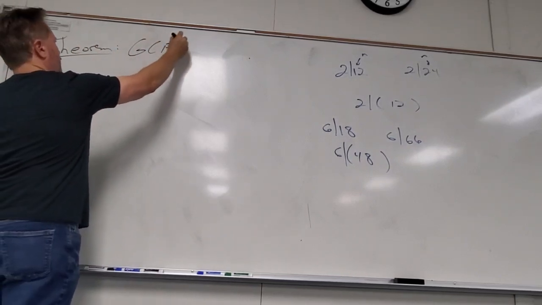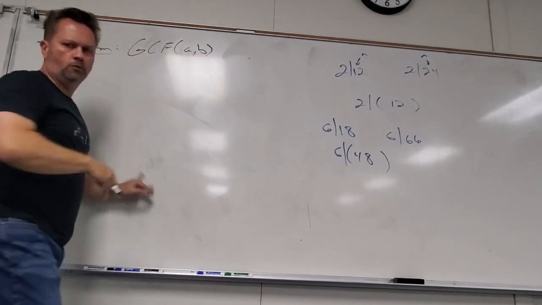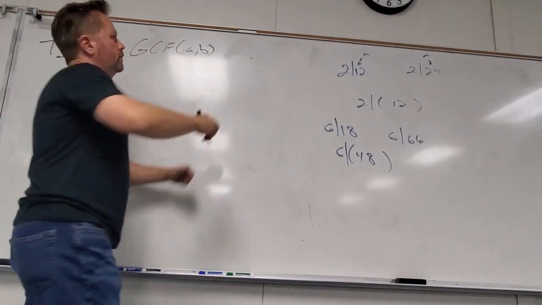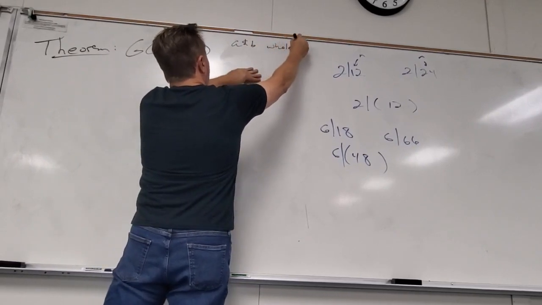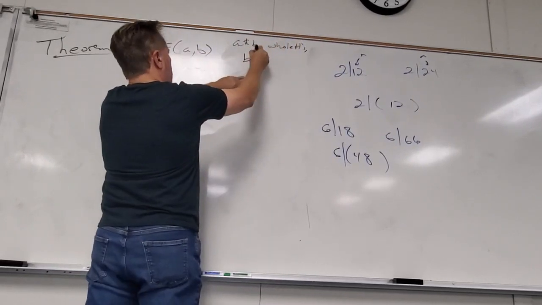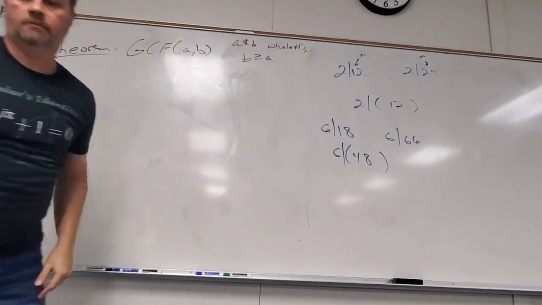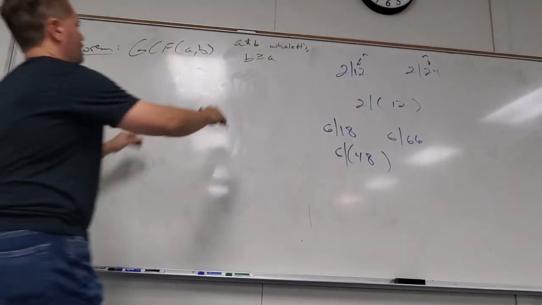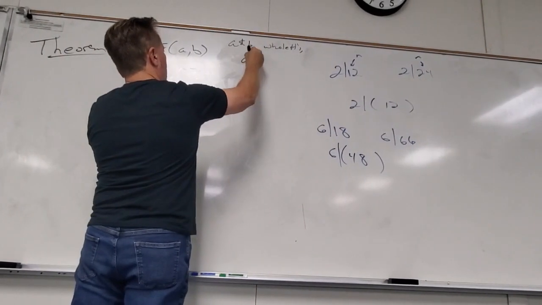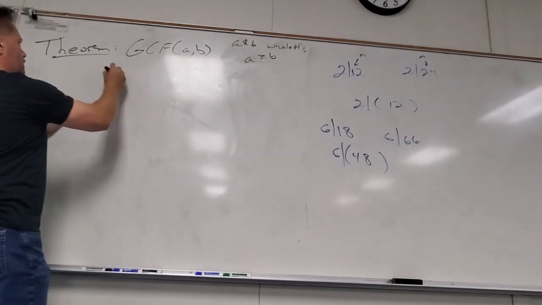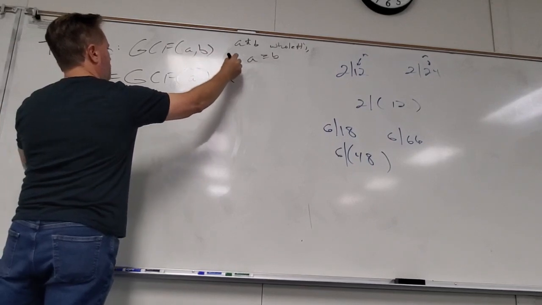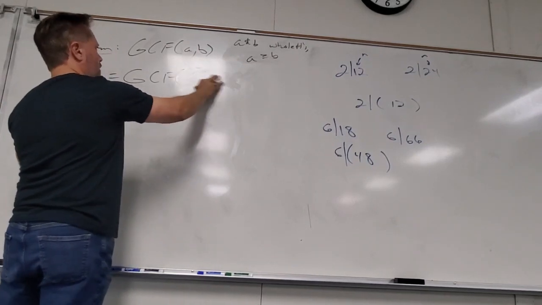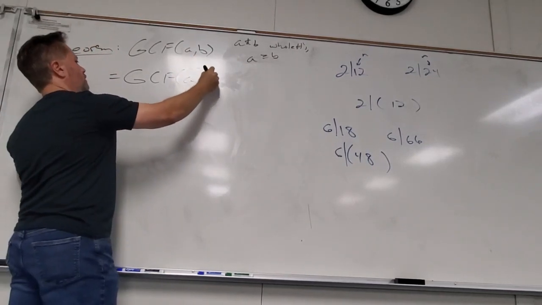The GCF of A and B, where A and B are whole numbers and A is bigger than or equal to B, will equal the GCF of A minus B and B.